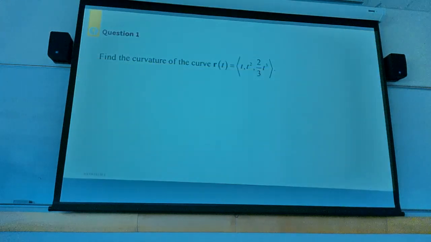Jump right in. So calculating curvature, we need two things.